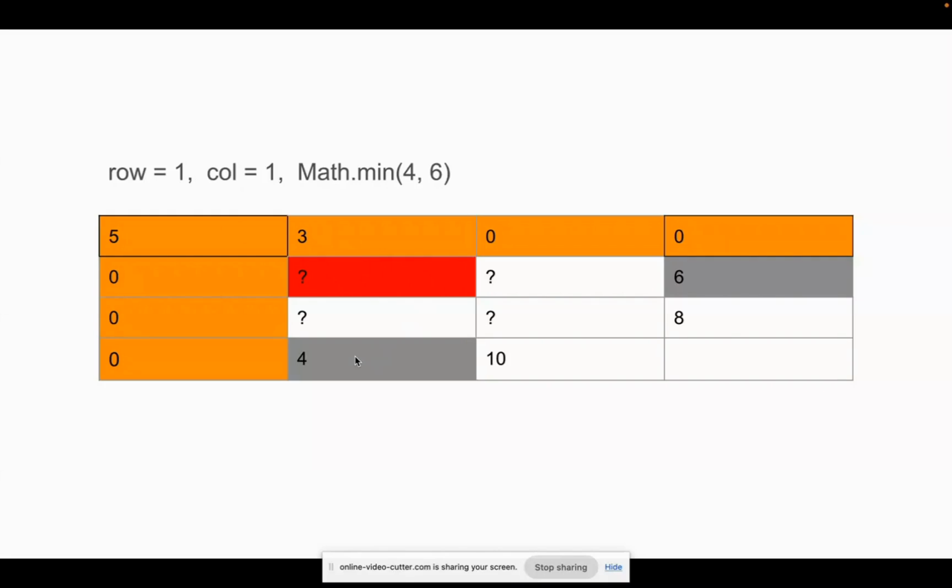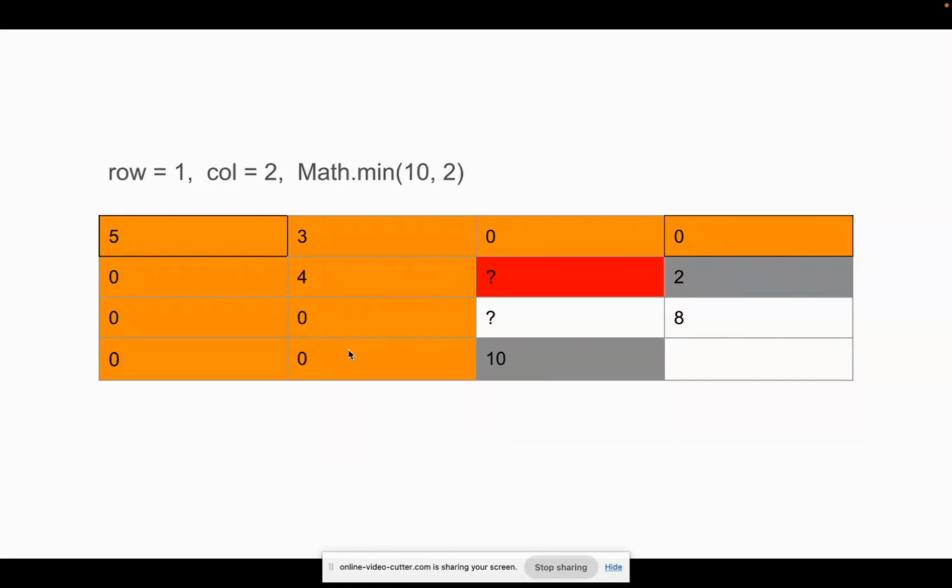We just repeat the same steps. Which one is smaller? 4 is smaller, and then both sums are subtracted by 4. The current sum becomes 0, which means below the 4, the cell also becomes 0.